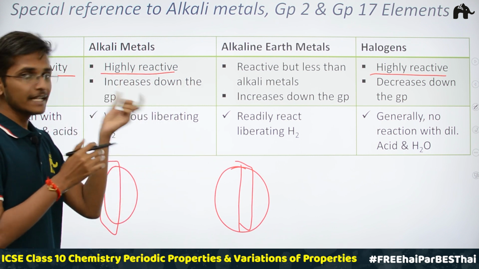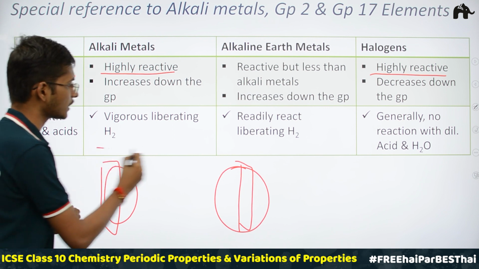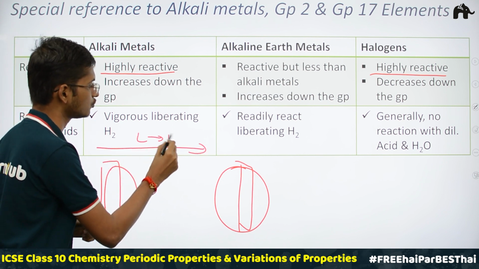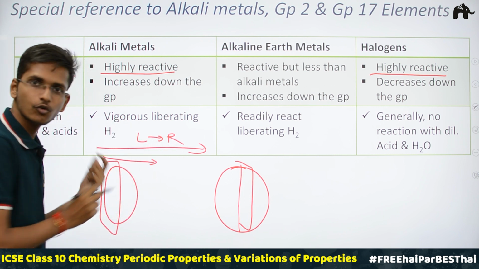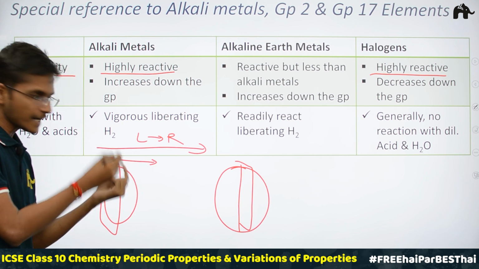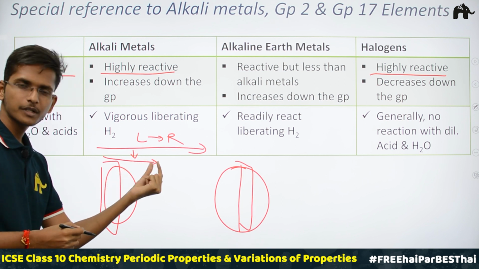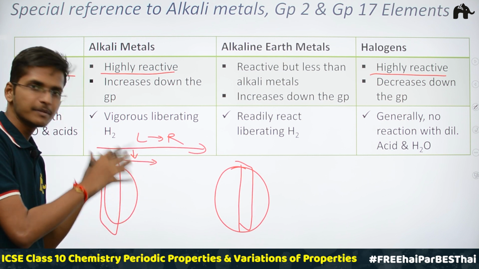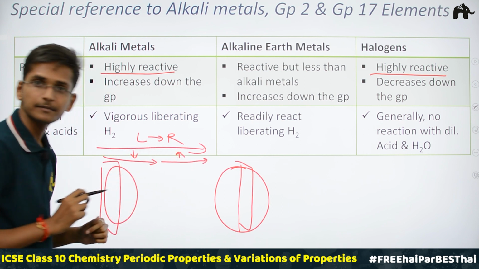And alkaline earth metals. We have studied the trend of reactivity when we move across the period, from left to right. So what happens? Reactivity decreases initially, then after a particular element, when it becomes lowest, it again starts to increase, right?